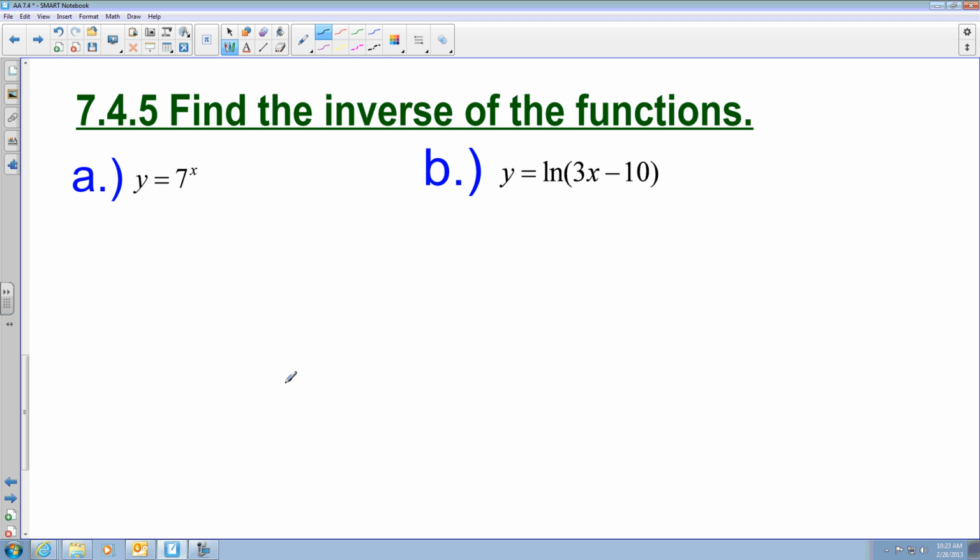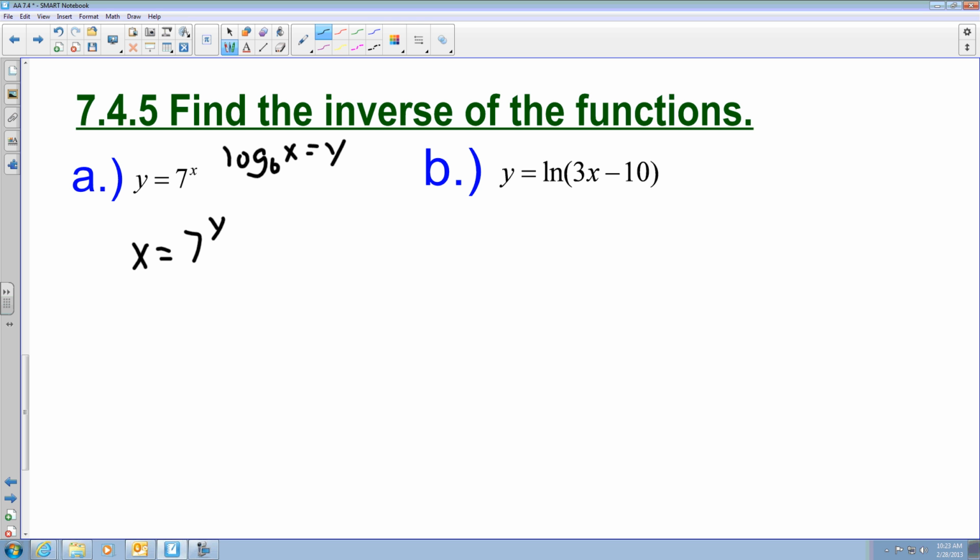So here, all I'm going to do is put x equals 7y. So the inverse of y equals 7x is x equals 7y. But now I need to solve for y. In order to do that, I must use logarithms, because if we go back, we remember that log base b of x equals y.